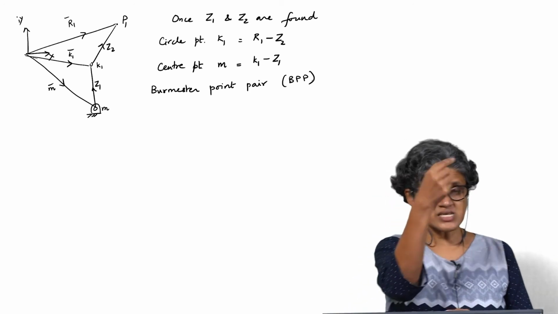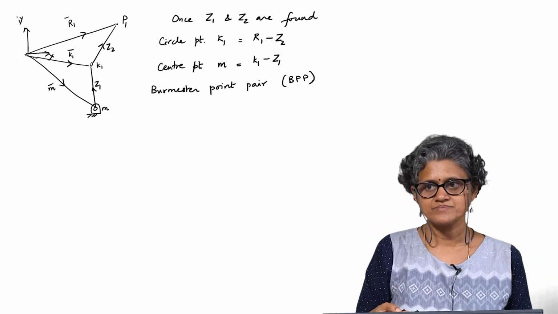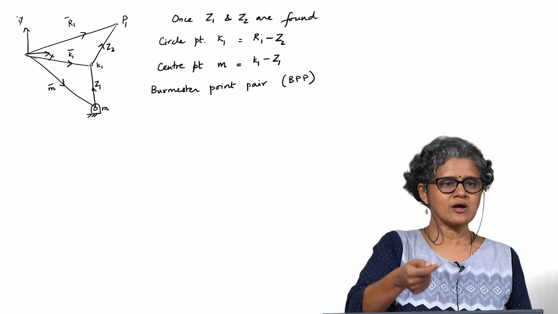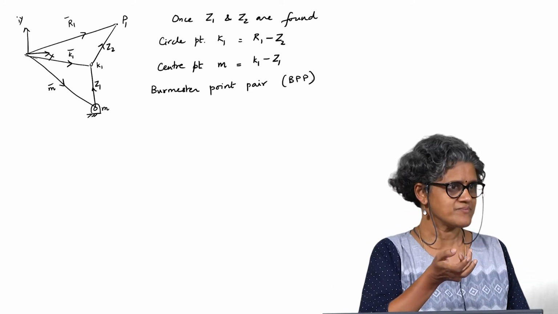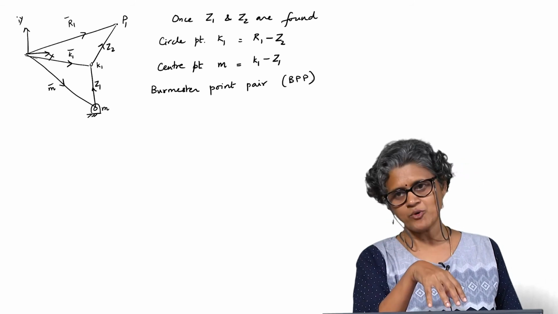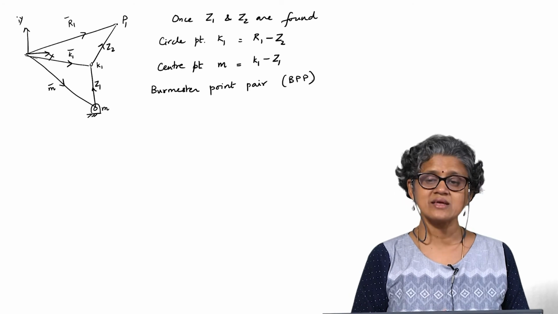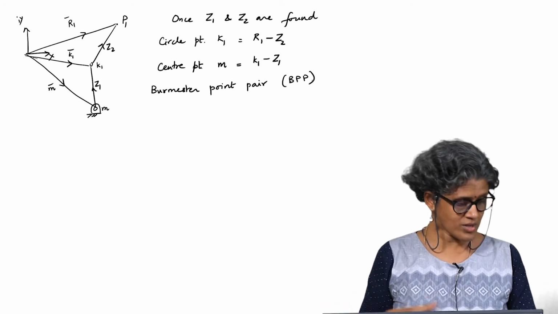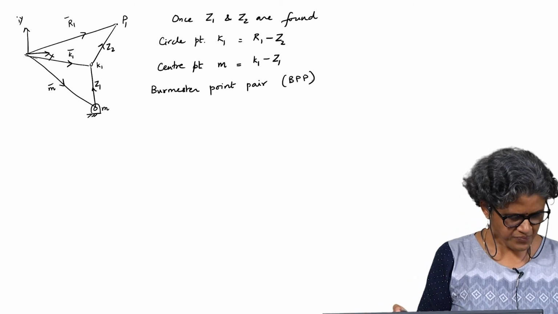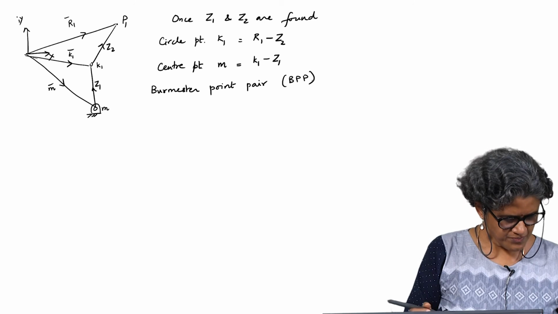So, for each circle point there is a corresponding center point, or the other way around also. I can choose my fixed pivot instead. I can choose my center point in the fixed plane, in which case I will know exactly where my circle point is going to be once I plot the locus of these points. So, I will just show you.